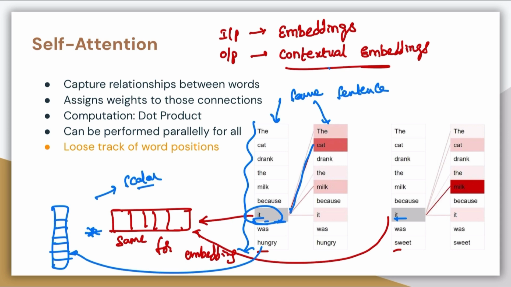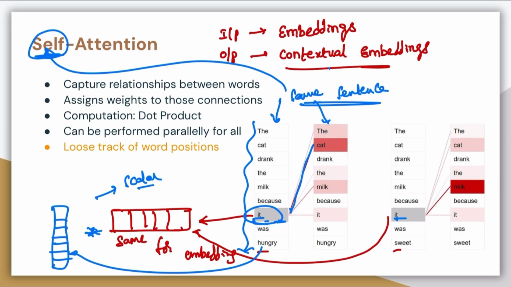So it captures the relationship between the words in the same sentence. As it is in the same sentence, that is why the name self came, self-attention. Why is it self-attention? Because it is not looking at a different sentence. You are not comparing two different sentences. You are checking different words in the same sentence and how they are related. That is why it is self-attention.